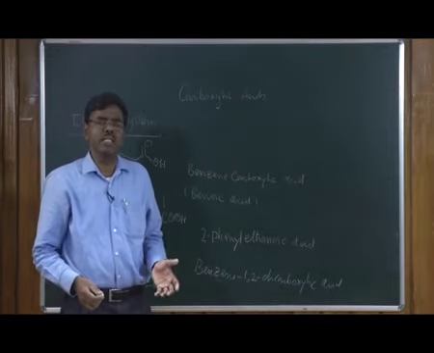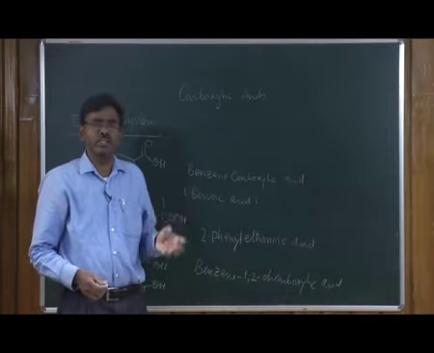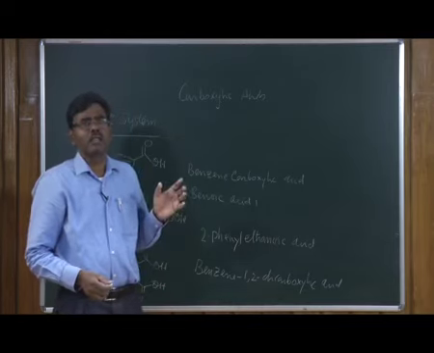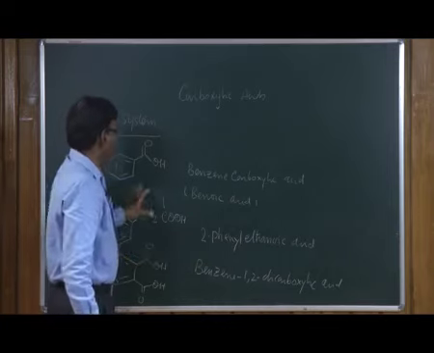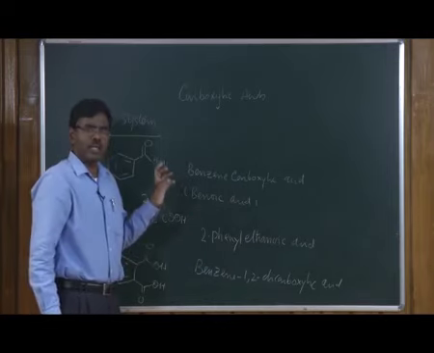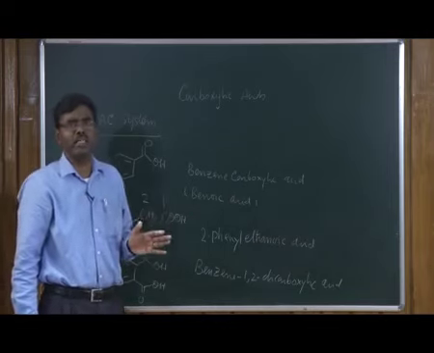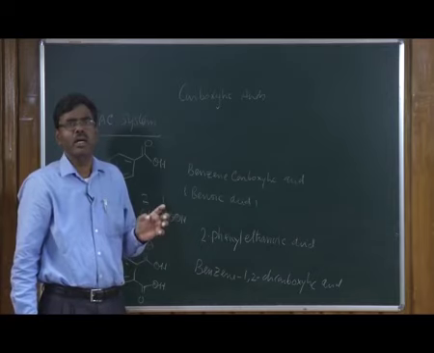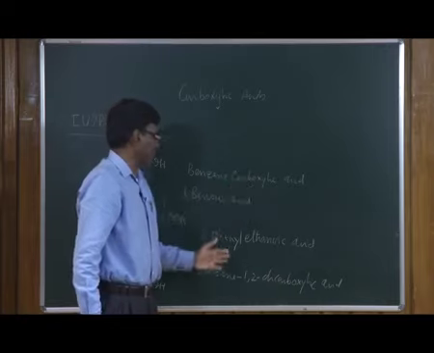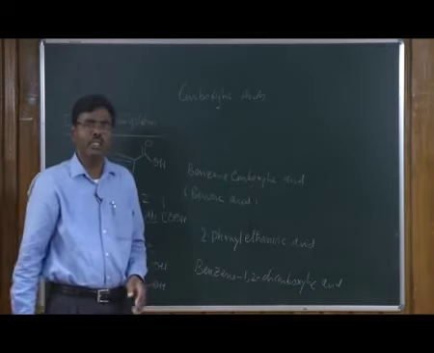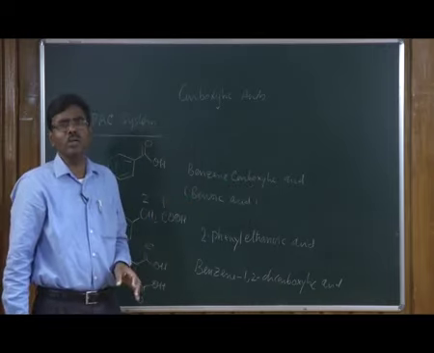Just as we have seen a few examples for aliphatic and aromatic carboxylic acids, in the IUPAC system, their names are derived from the corresponding alkanes by replacing the suffix E with oic acid, and in all the cases you can see here. And these all are simple carboxylic acids.